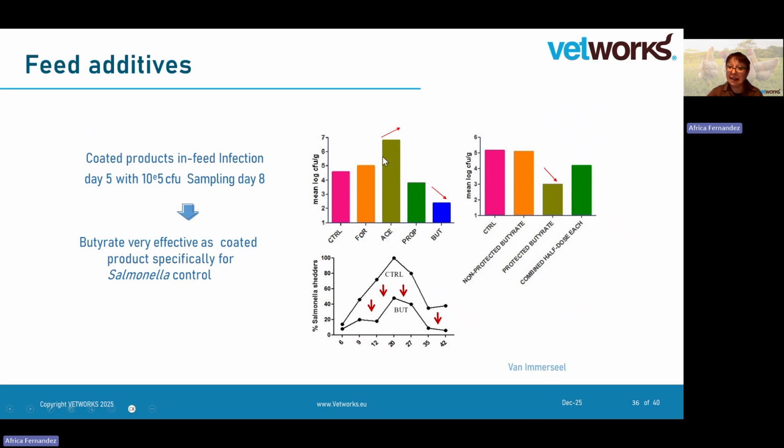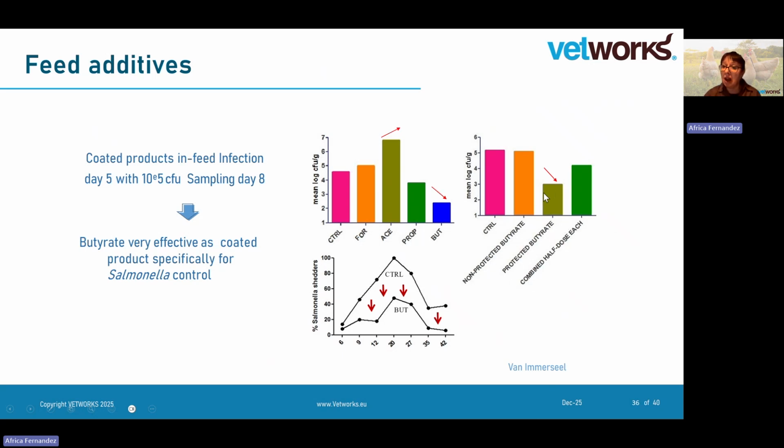You can see that acetic actually increased the amount of Salmonella, while butyric reduced it. But a very important consideration is when we compare the forms of butyric: the control, the non-protected butyric, the protected butyric, and half and half.